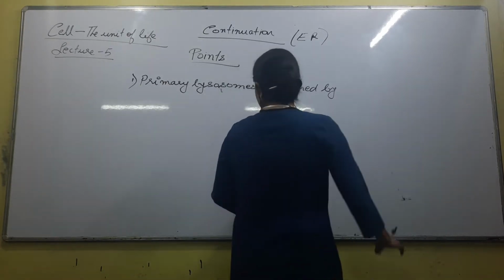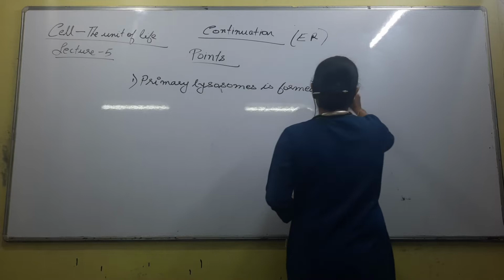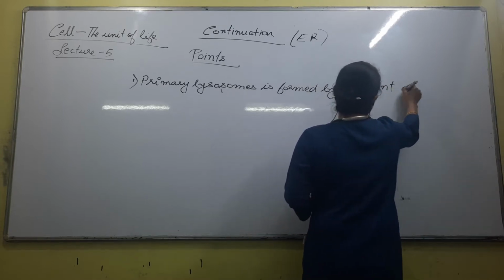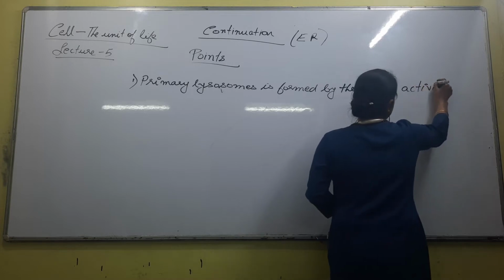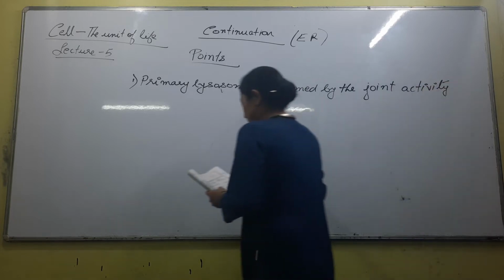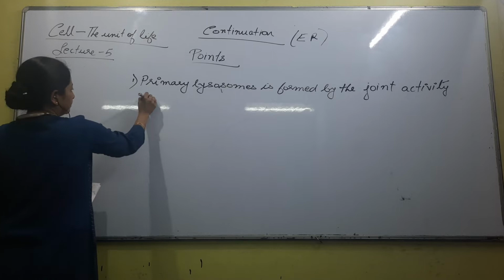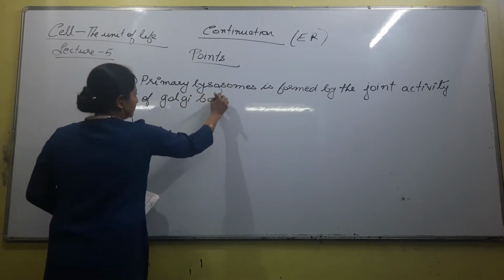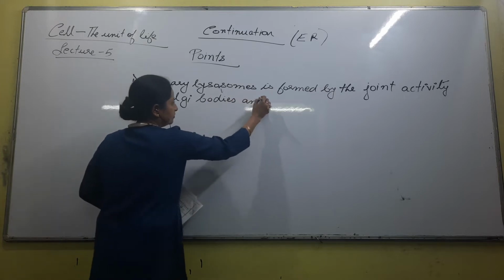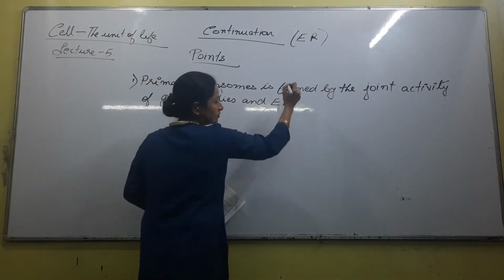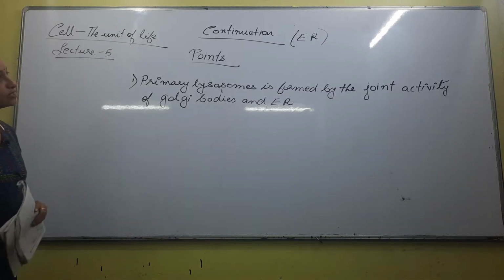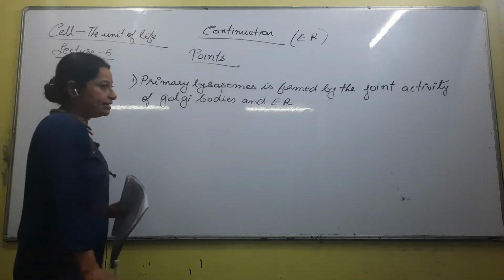But now we know that primary lysosomes are also formed by Golgi bodies, because after this we are going to study Golgi bodies, and Golgi bodies are also responsible for the production of primary lysosomes.